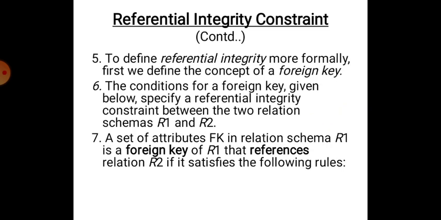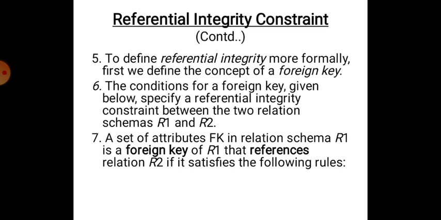Referential integrity constraints. To define referential integrity more formally, first we define the concept of foreign key. Point number 6, the condition for a foreign key given below specifies a referential integrity constraint between the two relation schemas R1 and R2.